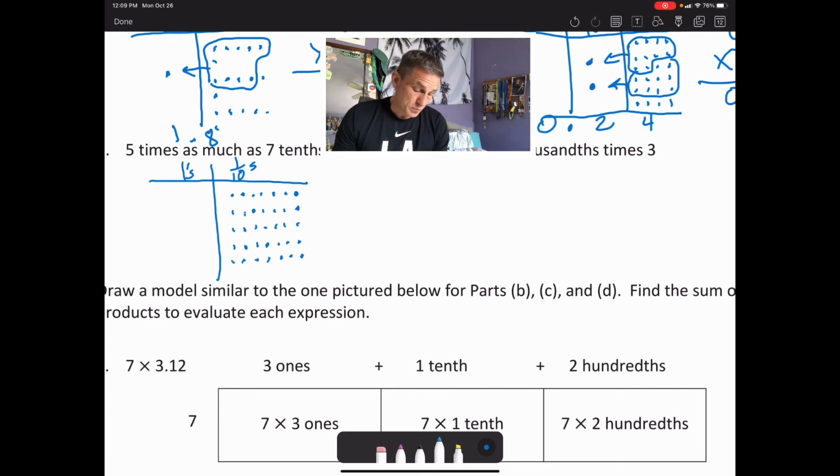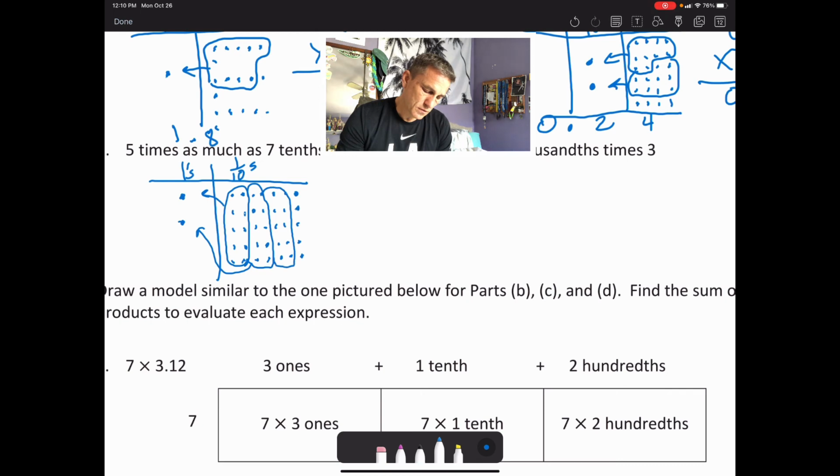So I'm going to look for groups of 10 to turn into ones. So if I go this way, I can see I have one group of 10 to make one whole, another group of 10 to make another whole, and another group of 10 to make a third one.